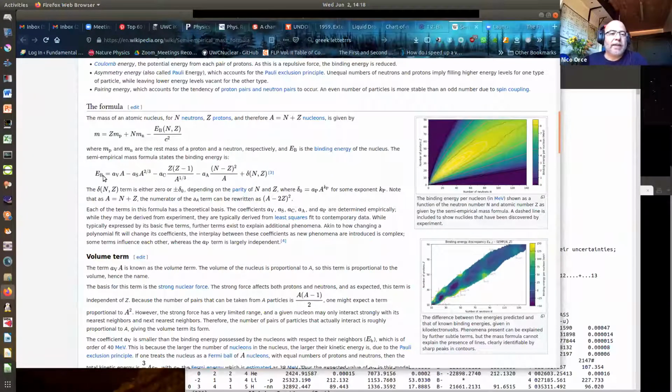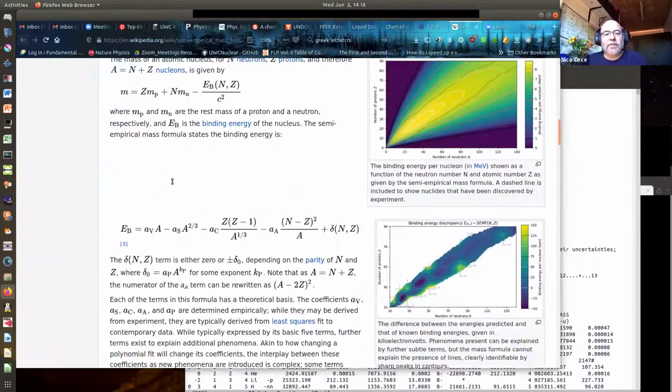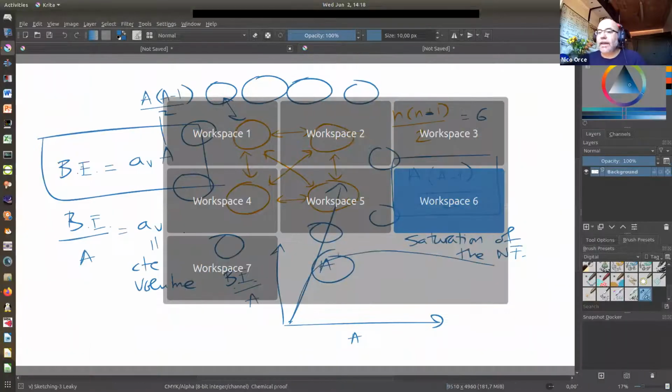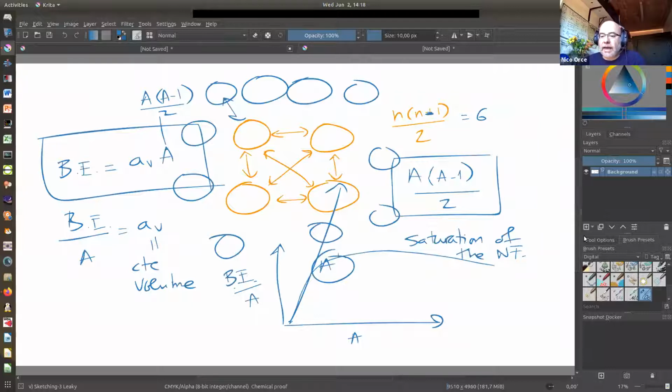This EB is the binding energy, which is proportional to A, and then these factors subtract to the binding energy that we have. So for instance, this term here, the A to the 2 over 3 is the surface term, and considers that they will be in a nucleus.